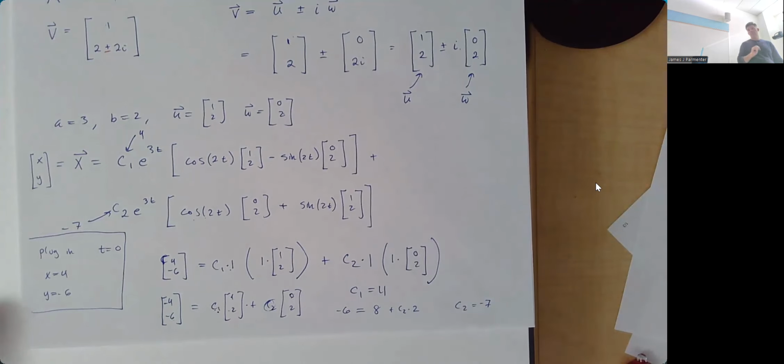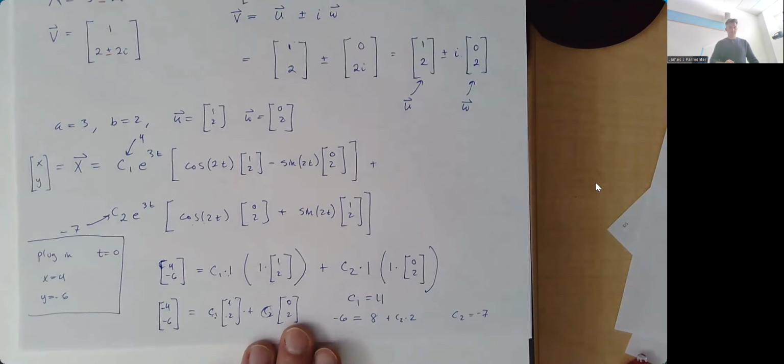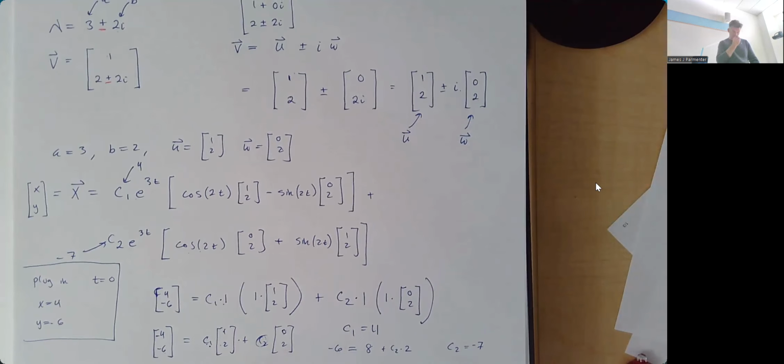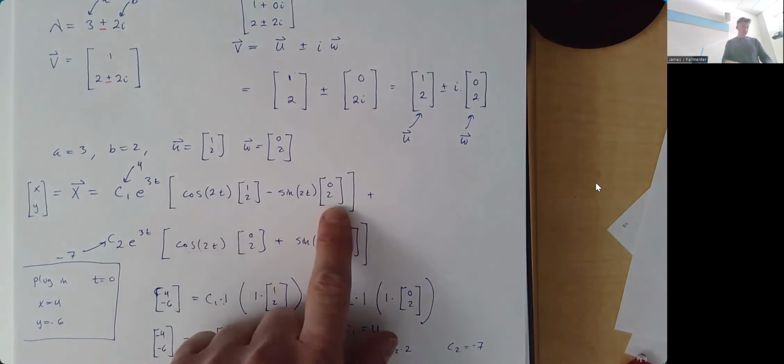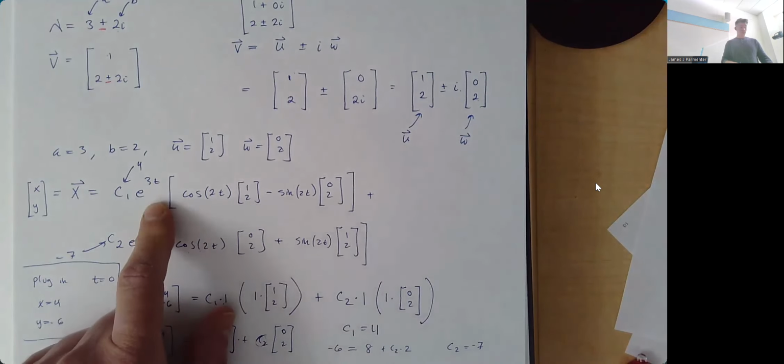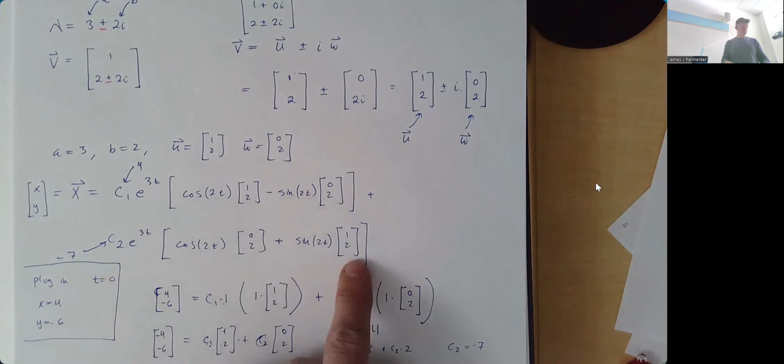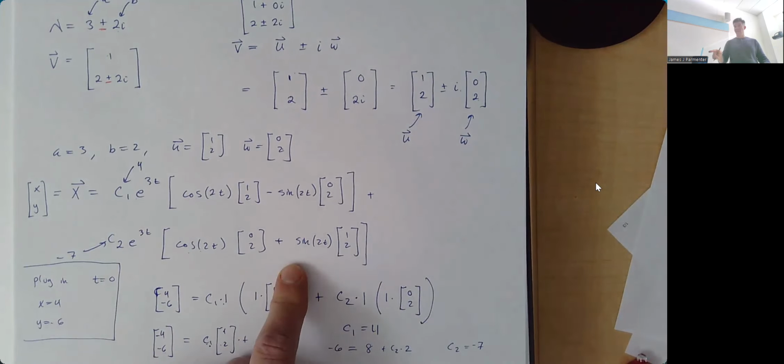Question? At the end, we put like cosine 2t 1, 2 minus sine 2t 0, 2. Like right here? Yeah, like that part, and like the cosine 2t 0, 2, where is that coming from?